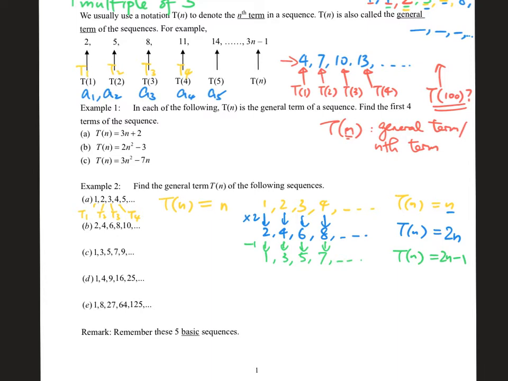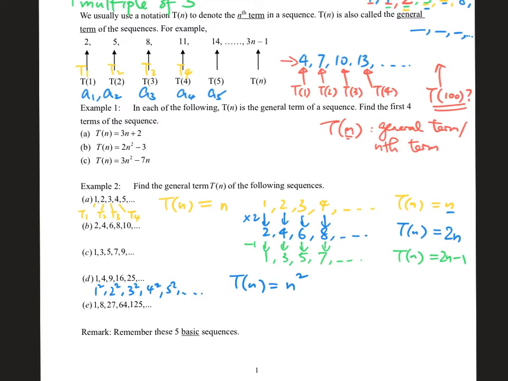D, can you see that the numbers are 1 square, 2 square, 3 square, 4 square, and 5 square. They are the square numbers. So that's why the general term will be n squared. Is it alright with you? If so, can you take like half a minute to look at E?